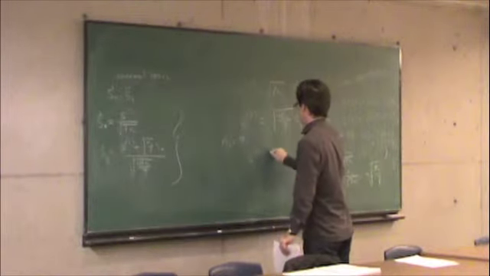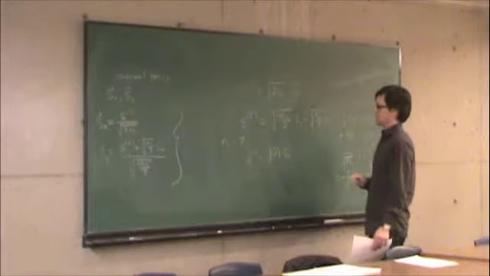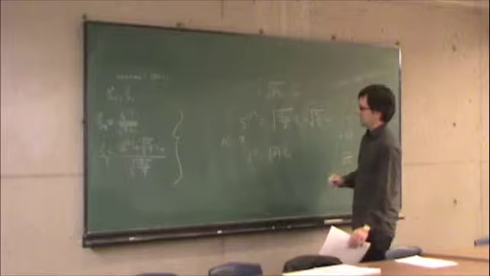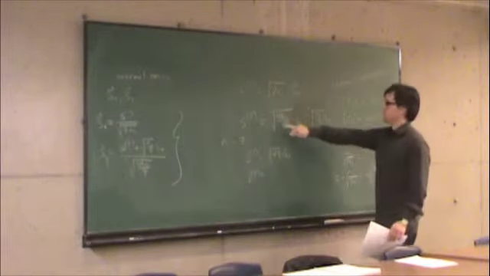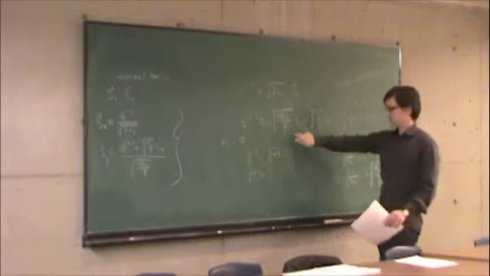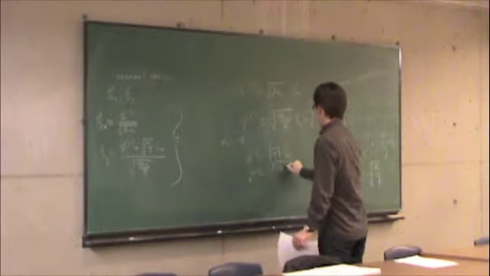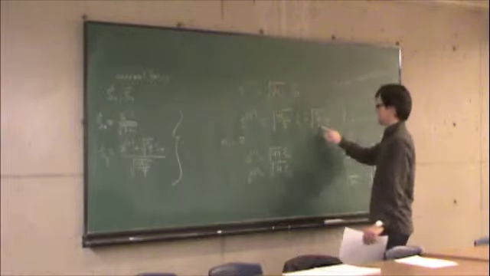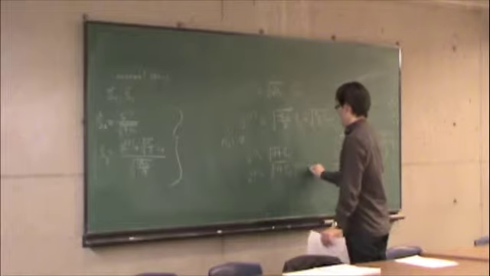I'm going to keep it as root 49 for reasons which will be obvious in a second. And S2 is root 48 times 7 over 7, so that's root 48 SY minus square root of 1, which is 1 SX.